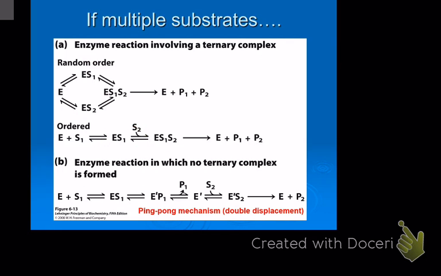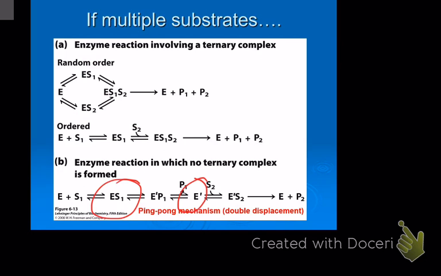First, it binds the first substrate to make the first Michaelis complex. For example, in the aminotransferase, maybe the first amino acid comes in to bind, and then it adds the amino group to the enzyme, and so the first product leaves. But now this enzyme has been modified because it's got the extra amino group on it.